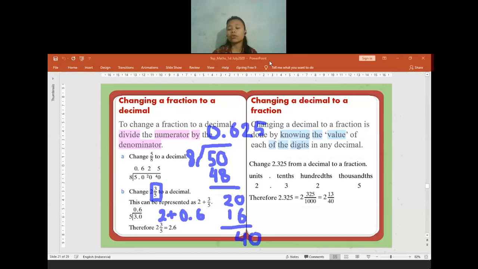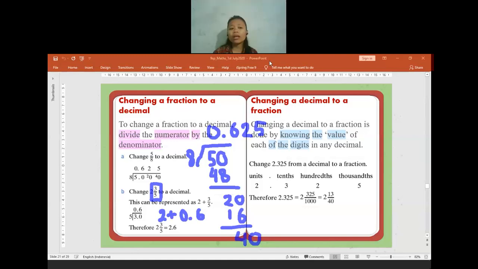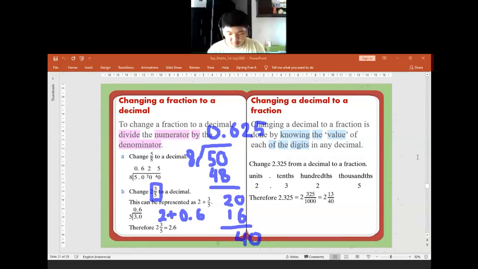Which part is making you confused? Hello, I cannot hear you. You can type it through the chat box. Your voice is too low. I cannot hear you. Which part is making you confused?